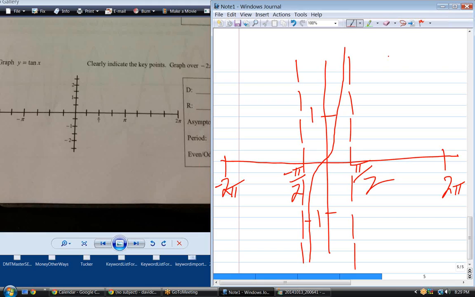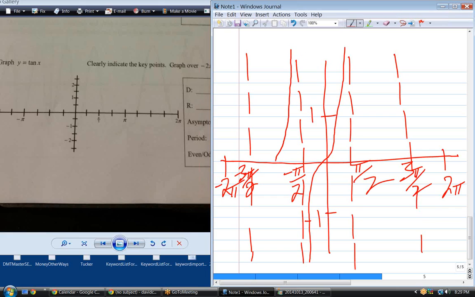like that. And again, I'm going to have asymptotes at the 3 pi over 2 and the minus 3 pi over 2. And it's going to look like this.